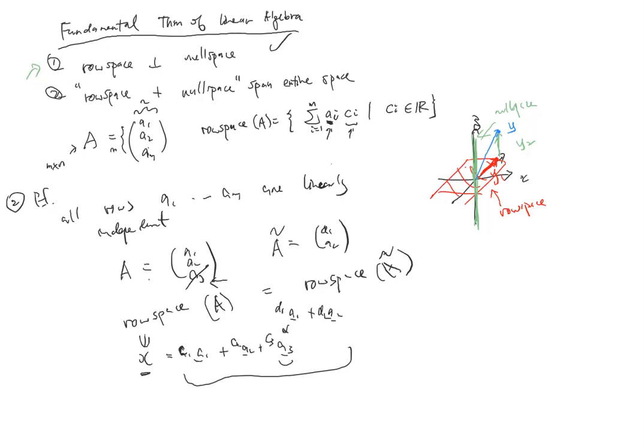So therefore, the row space of A will be just the same as the row space of A tilde.